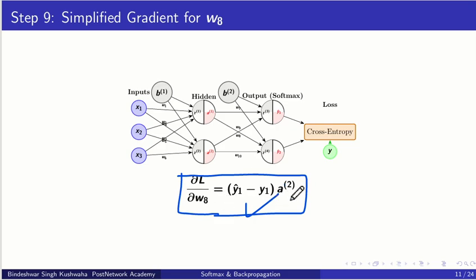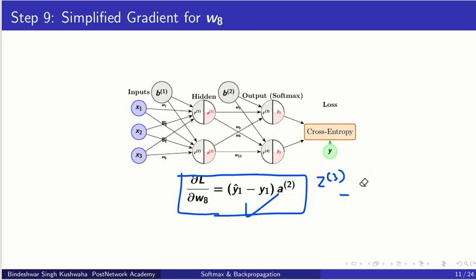Here you are getting A2, because here you will see that Z3 is also computed using W8. That means Z3 is W7A1.